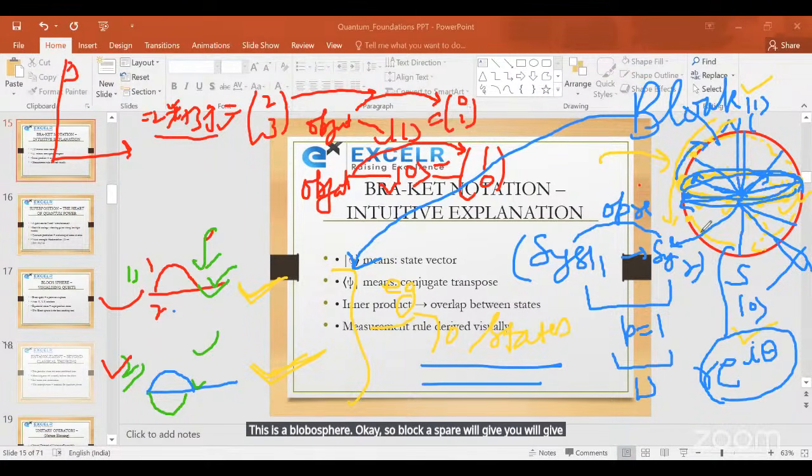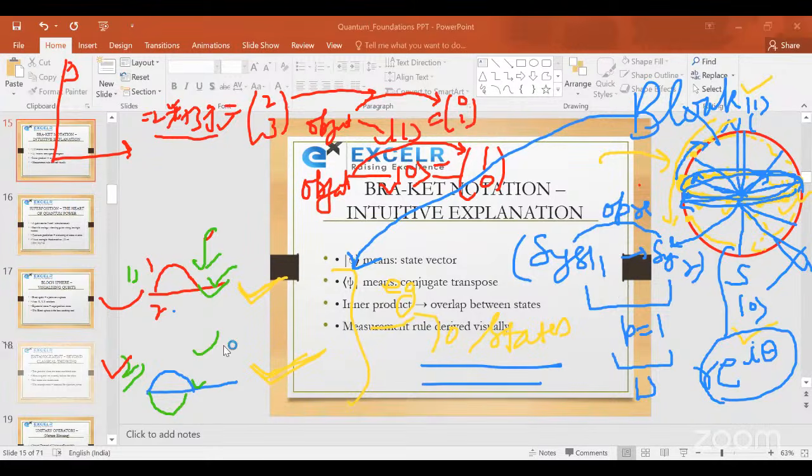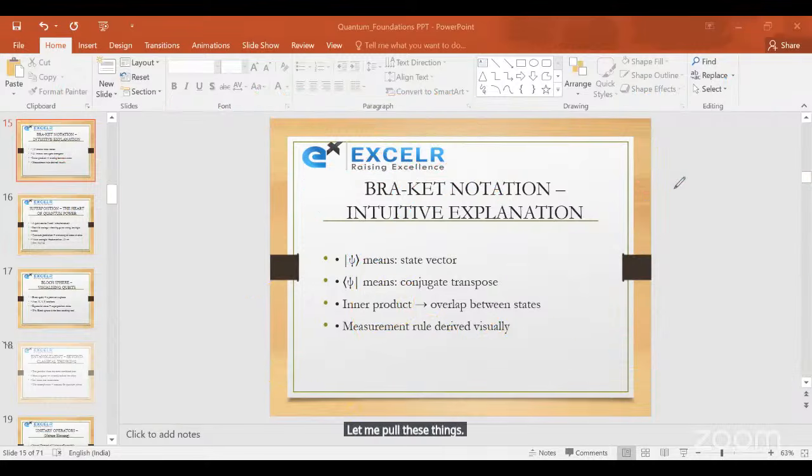The Bloch sphere will give you the number of states from the perspective of different 0 and 1.